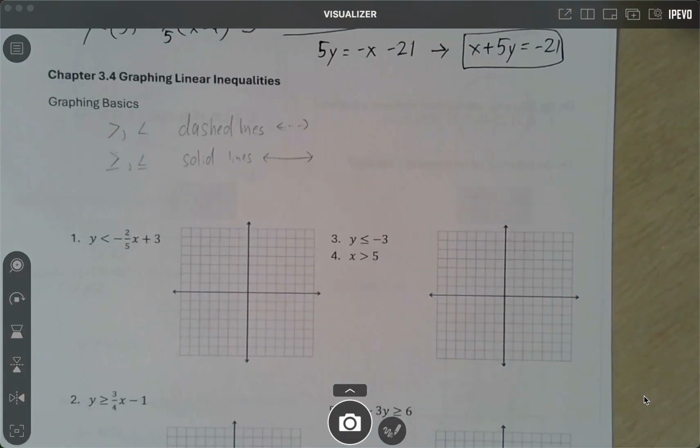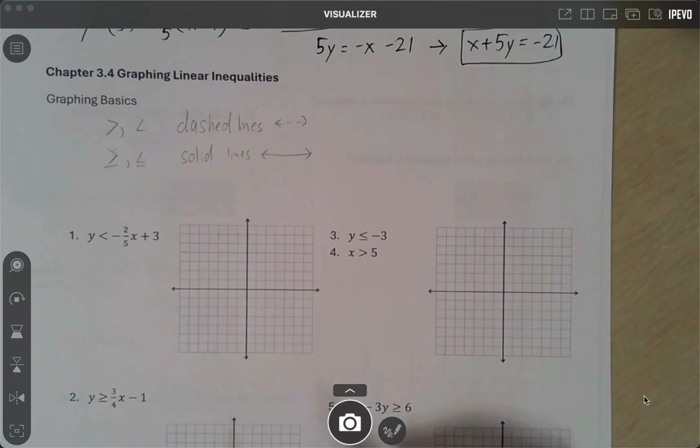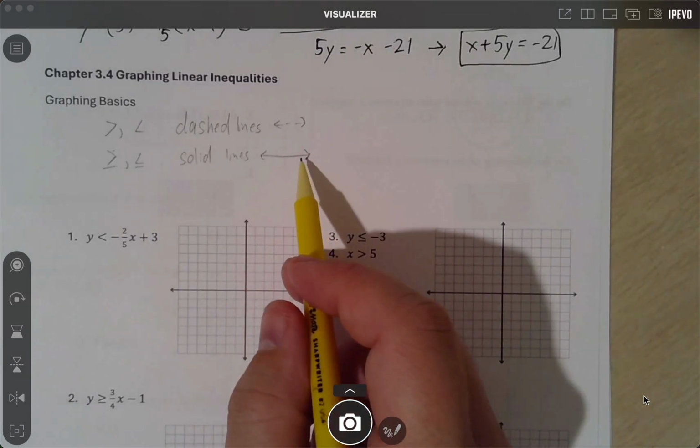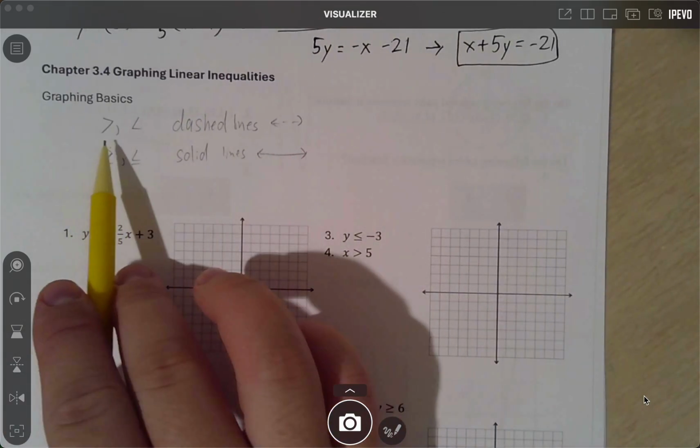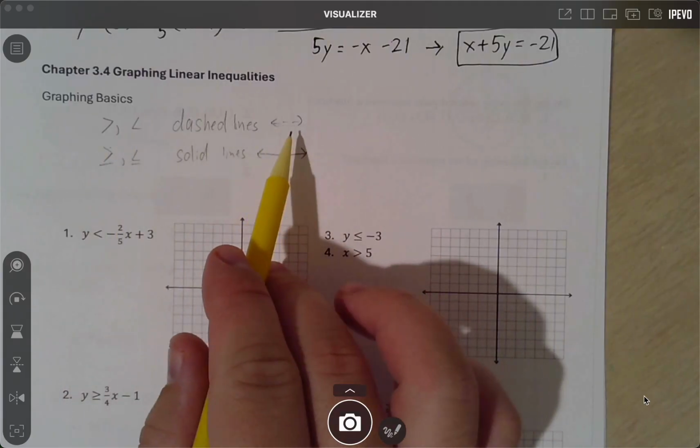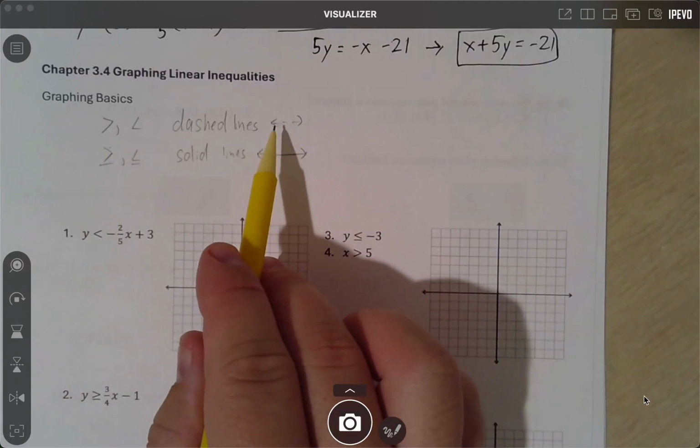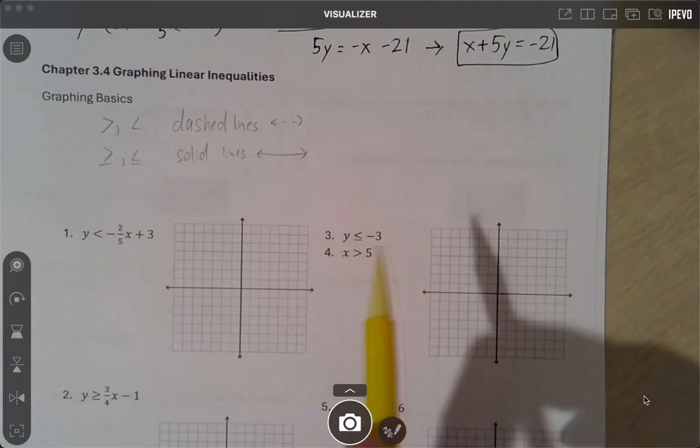In other words, if you have the or equal to, you'll have a solid line. You'll fill in all those gaps because you can be equal to. If you don't have the or equal to, you cannot actually be on that line, but that line is the boundary, so we dash it.